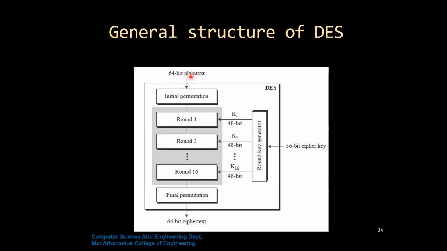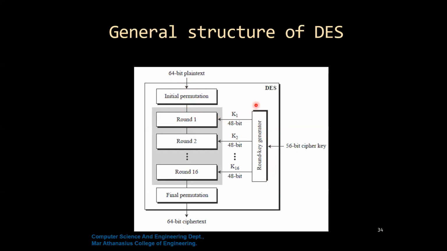The 64-bit plain text undergoes an initial permutation. Then we start with the rounds. In each round, we apply a function to the data using a subkey K1 provided by the subkey generation algorithm.